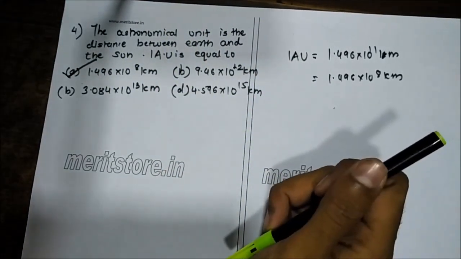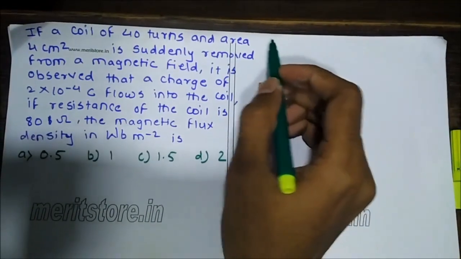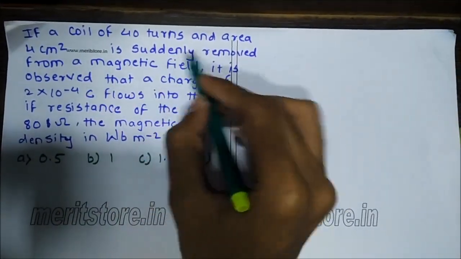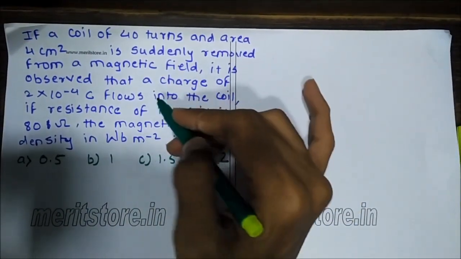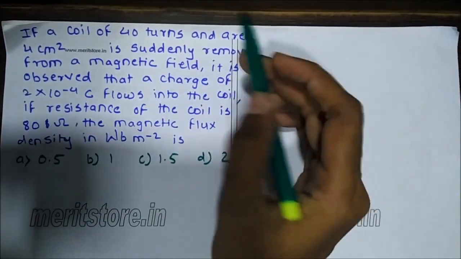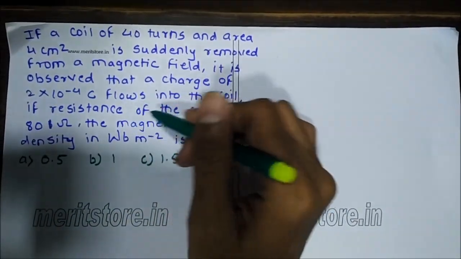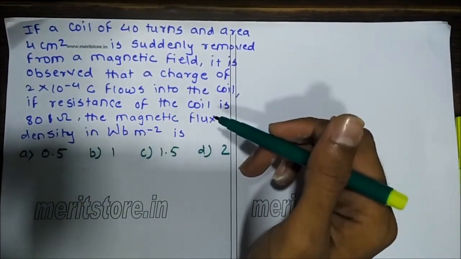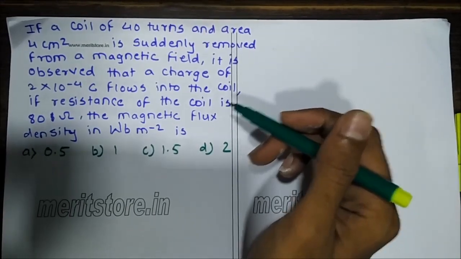The next question: if a coil of 40 turns and area 4 centimeters square is suddenly removed from a magnetic field, it is observed that a charge of 2 into 10 raised to minus 4 coulomb flows into the coil. If the resistance of the coil is 80 ohms, then the magnetic flux density in Weber per meter square is.